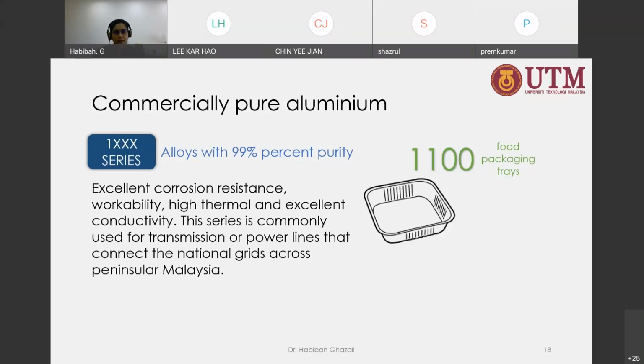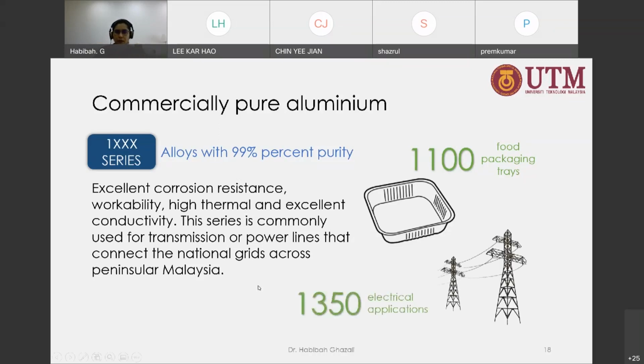And also this series is commonly used, as I have mentioned just then, as power lines. Most of the power lines that connect the national grids across Peninsular Malaysia use aluminum wire to transmit the electrical power. So the 1100 series is used as food packaging.